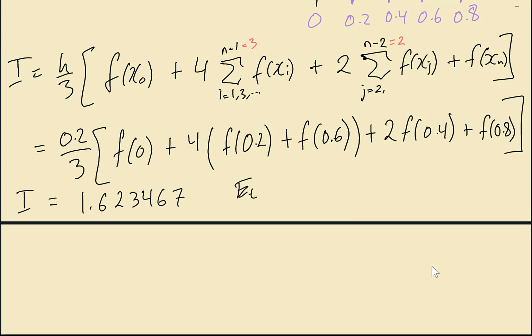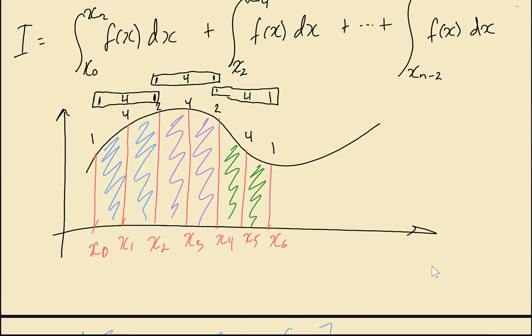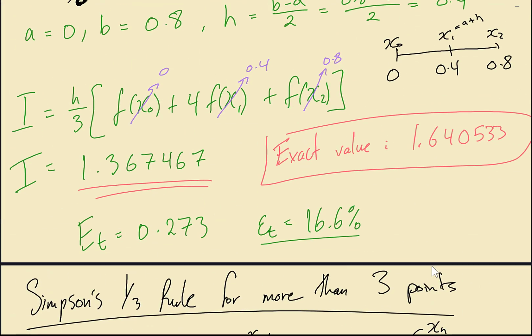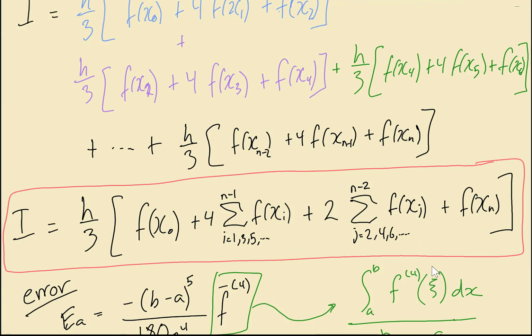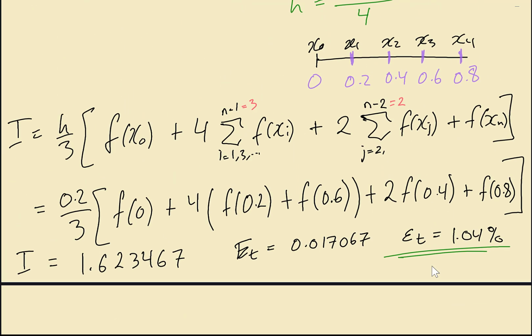The true error here is 0.017067, and the true percent relative error is 1.04%. So we can see that we jumped from 16.6% true percent relative error all the way down to 1%, by just applying an extra application of the Simpson's rule within that span in that plot.